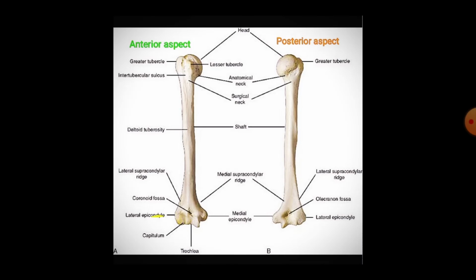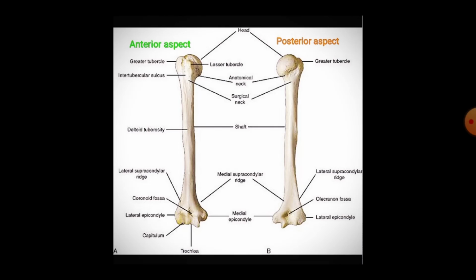This is the lateral epicondyle and this is the medial epicondyle. By bony features or bony landmarks, we identify the anterior and posterior aspect of any bone, and also which side the bone is, right or left.